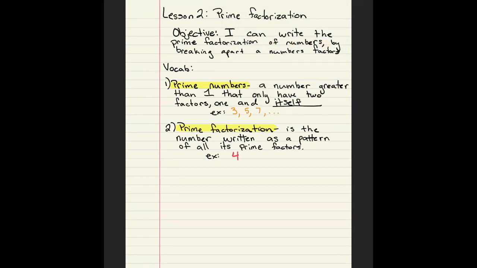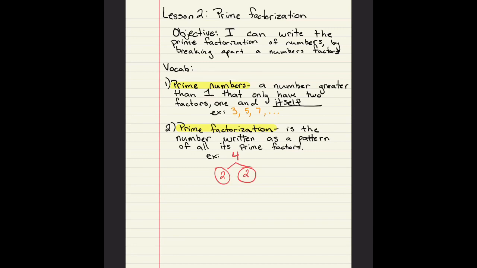We break it up. What can I multiply to get 4? I know I can multiply 2 and 2 to get 4. Is there anything else that can multiply to get 2? No. So the prime factors of 4 are 2 and 2.